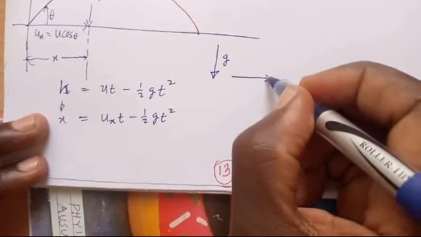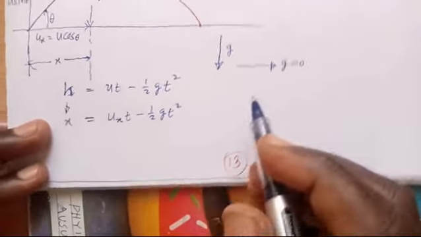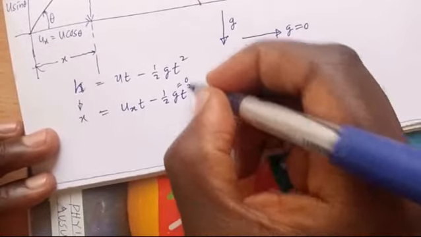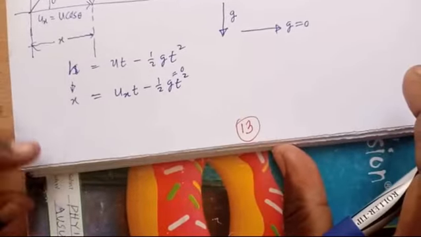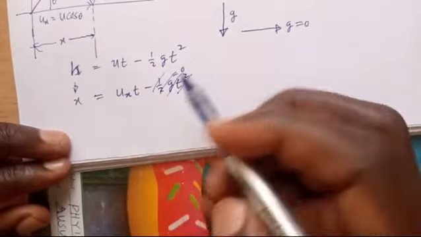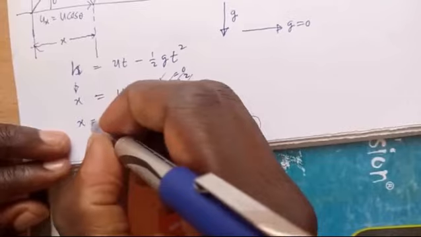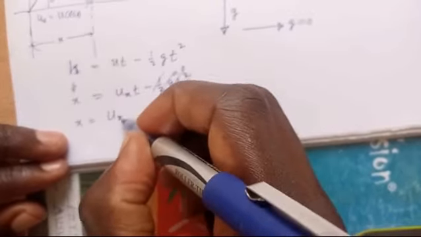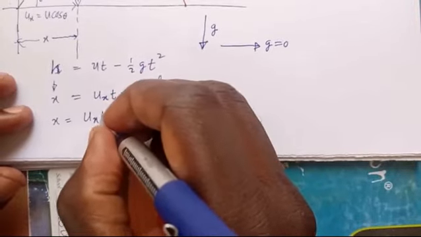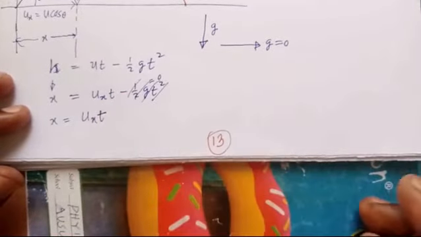Anything horizontal, g is 0. Since I am considering horizontal motion, my g here should be 0. And when g is 0, this second term vanishes, and I just have x is equal to u sub x t.